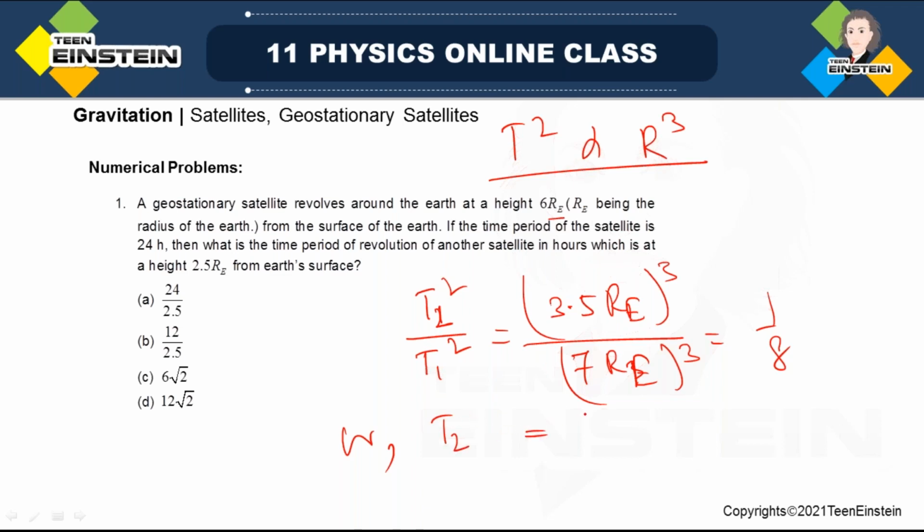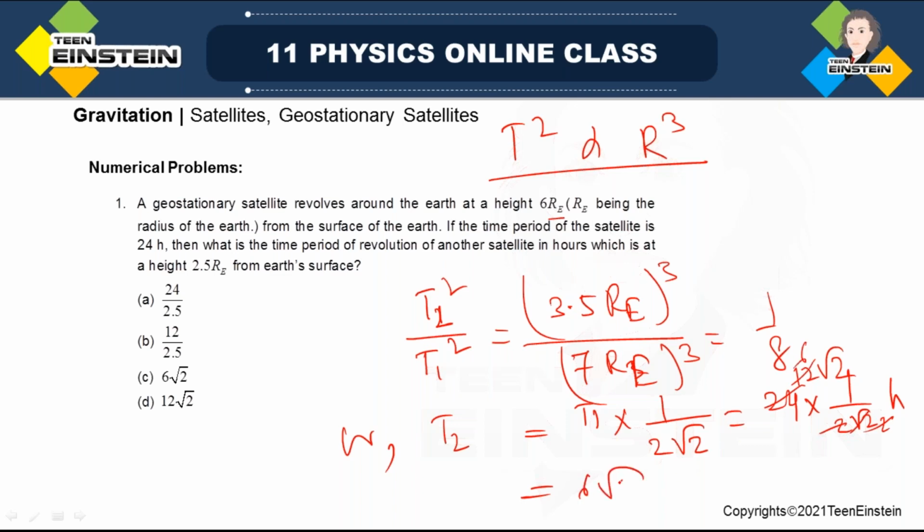So T2 will be T1 into 1 over 2 root 2. Look here, in this case T1 is 24 hours, okay, into 1 by 2 root 2. Okay, so if you do this simplification to the 12, and again root 2 upon top and bottom, so it will be 2. 2 will take care of this.